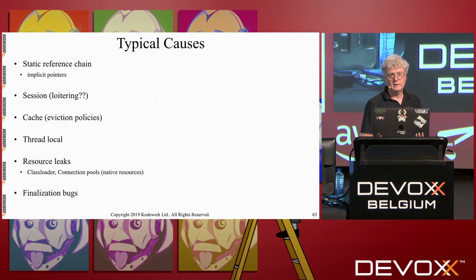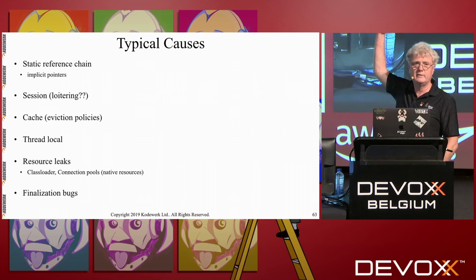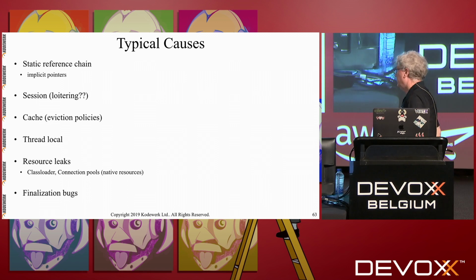So this is the slide that I can attribute to Hines, because he was saying there are so many different ways you can leak memory. We had a nice discussion about all these ways, so I put his list in here. This is Hines's slide, because I said it's really not that complicated.